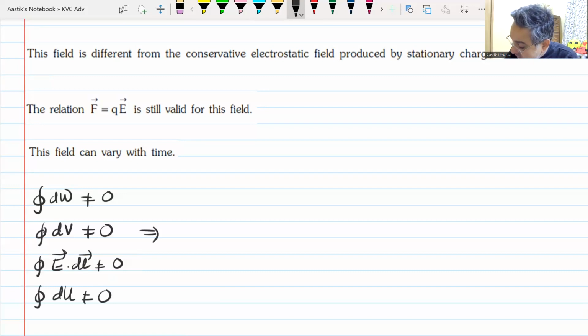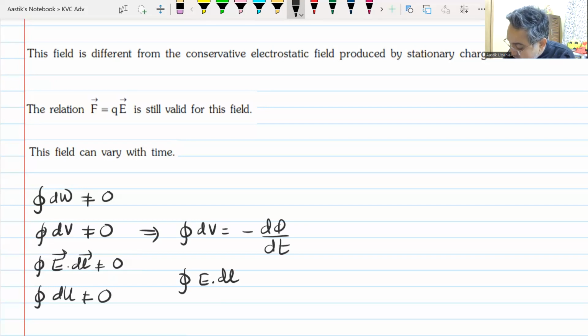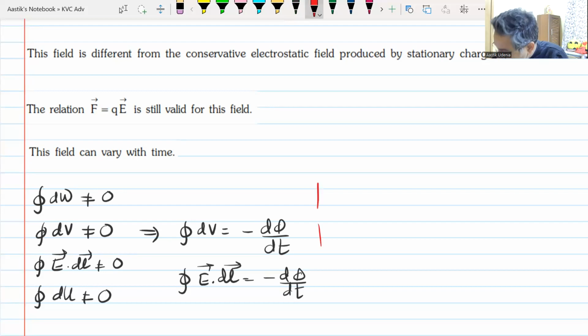In fact, the potential difference will be equal to minus d phi by dt, or the integral of E dot dl will be equal to minus d phi by dt. Do we understand this? Yes. One more point, I will write it here.